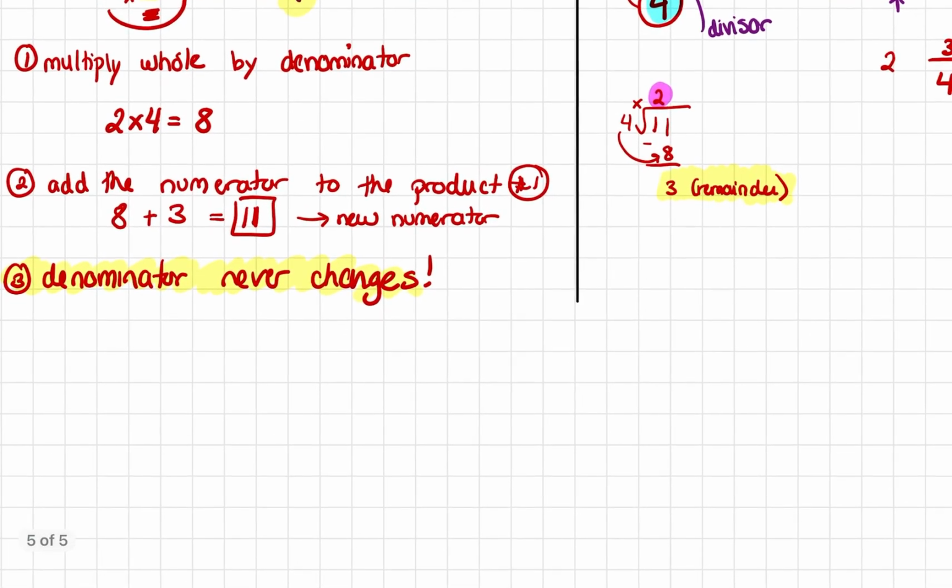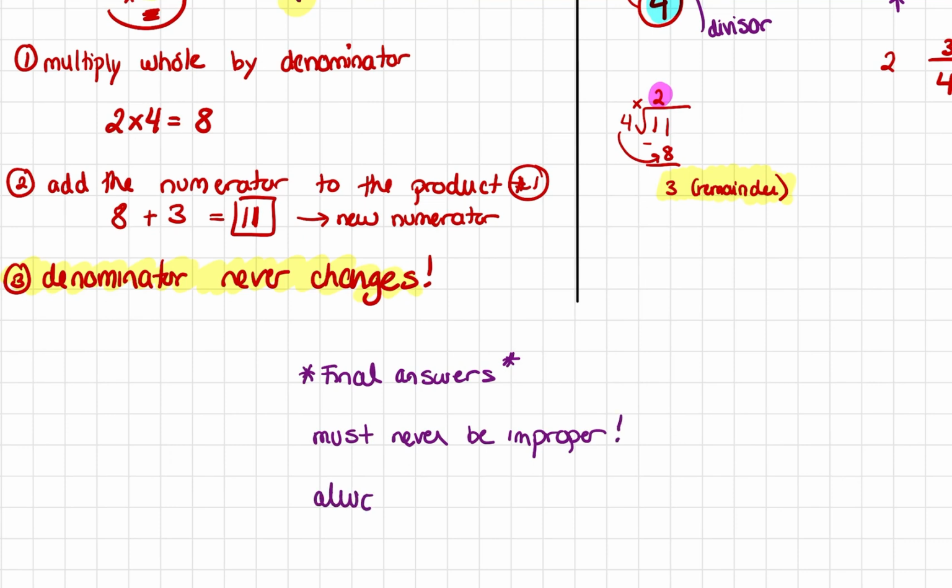And always remember, just to close it out, your final answers, again, if you're in my class, definitely, maybe in other classes as well, must never be improper. So we like mixed and proper fractions, and always reduce.